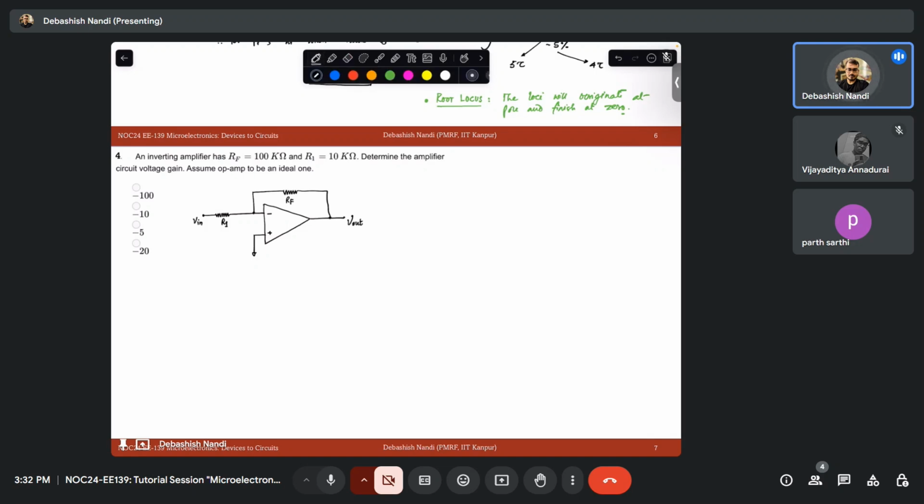By the way, before going to that, tell me something about this thing. What do you mean by ideal op-amp? So there are many properties of an ideal op-amp. Yeah, just spell them out. What is the first thing?